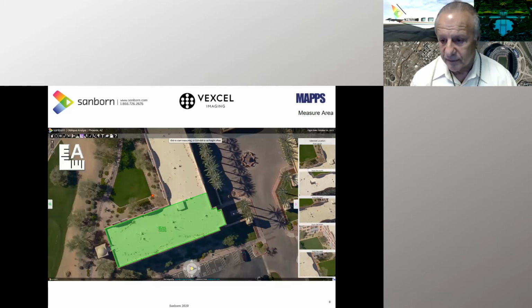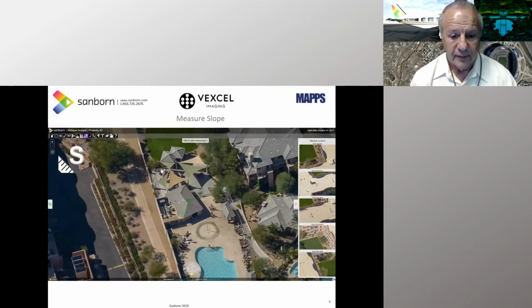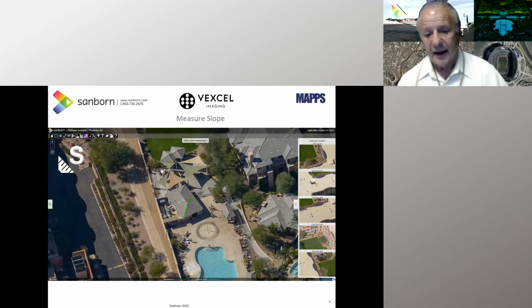So this fundamental accuracy becomes a big deal. Measuring roof slopes to get true areas on non-flat items. So it just goes on and on and on, the uses of the oblique data that's been processed accurately, and that's the key.